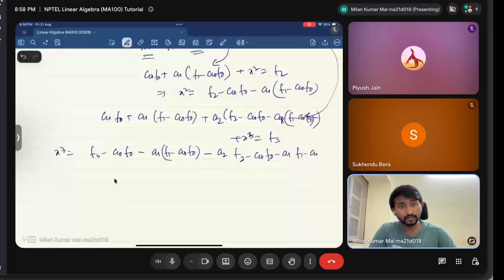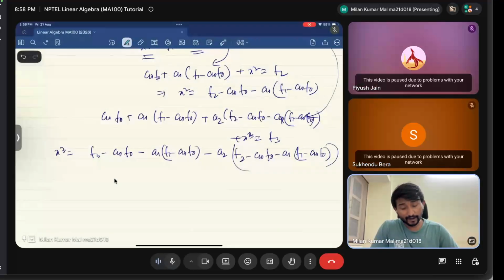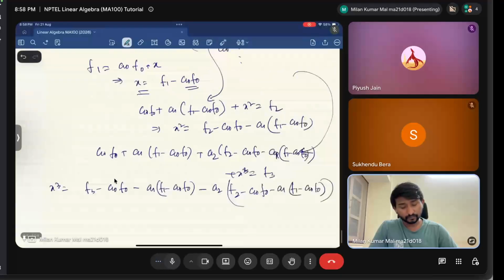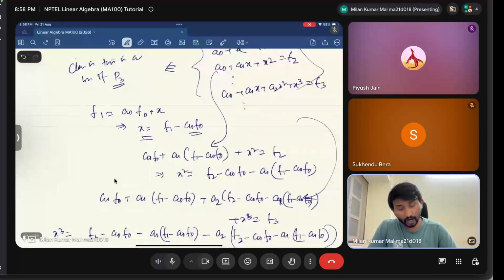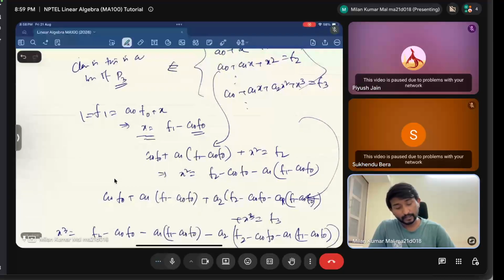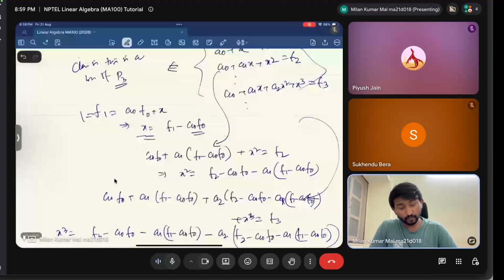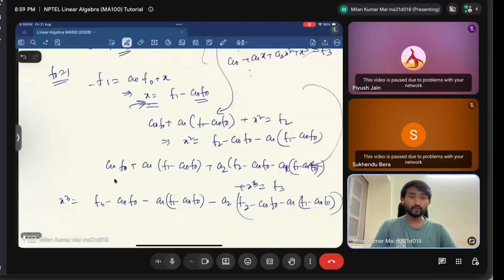This is what it is, plus x cube, that is equal to f3. So x cube is equal to f3 minus a naught f naught minus a1 f1 and so on. This is a somewhat lengthy process, but the point is that we can write the constant function 1, x, x square, x cube in terms of f0, f1, fn.